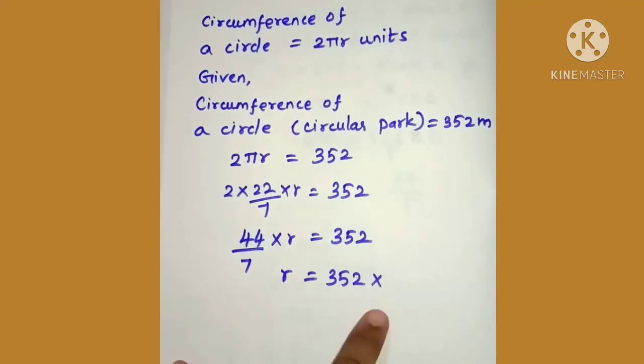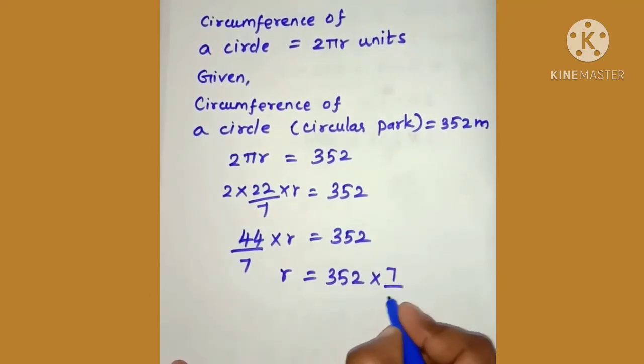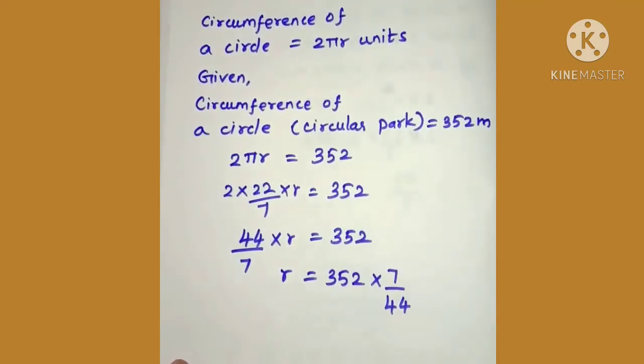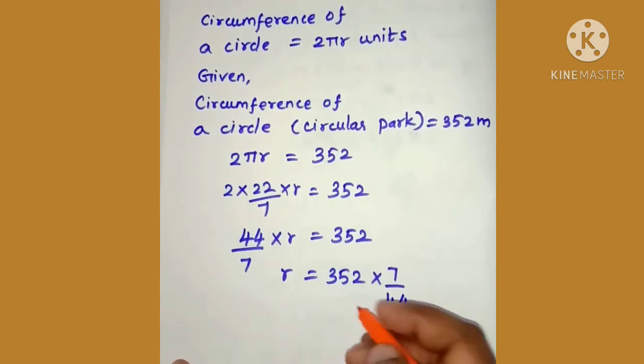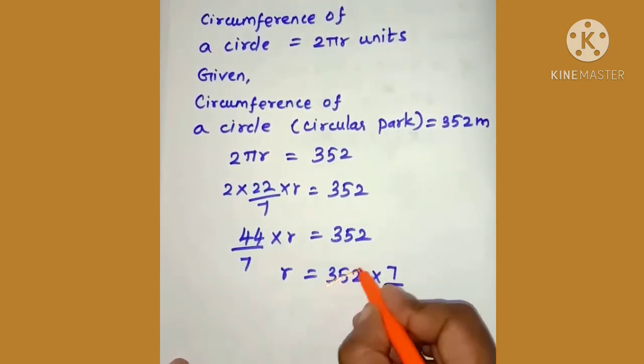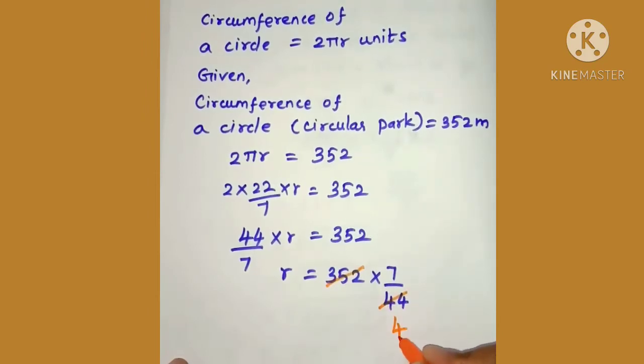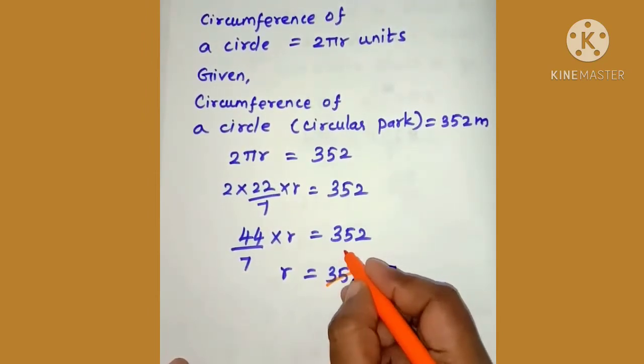When it comes to the other side, it becomes 7 by 44. Now cancelling 352 and 44 by using 11th table, here it is 4 times in the numerator.